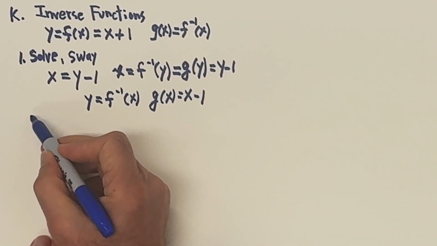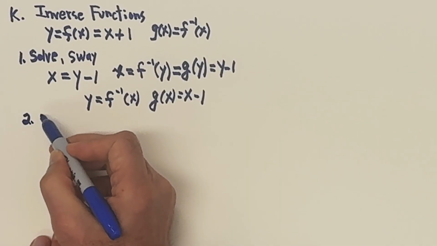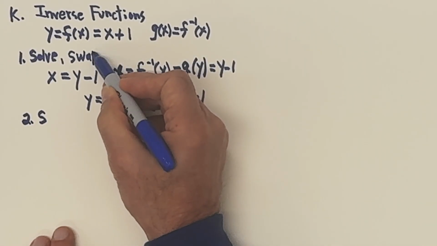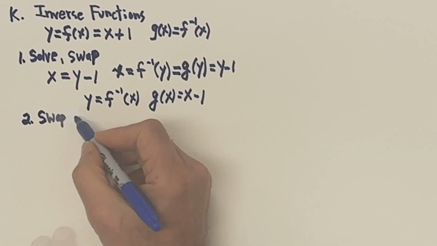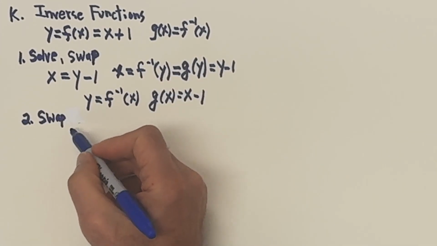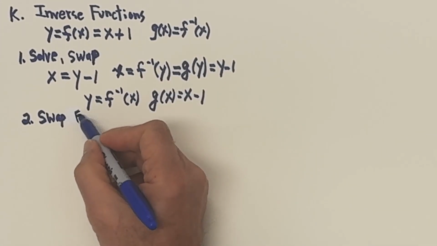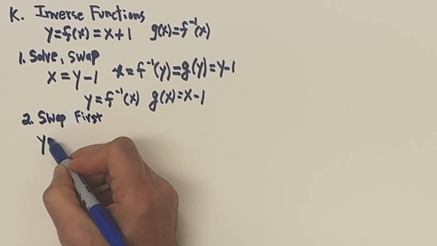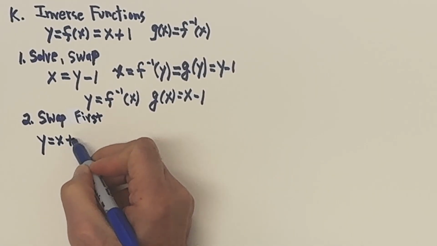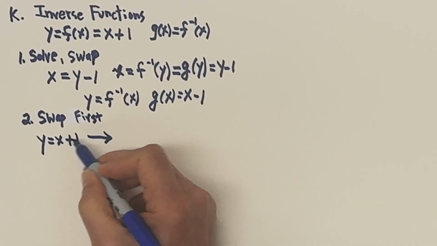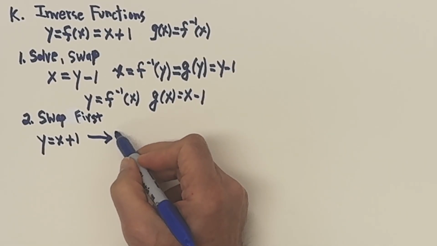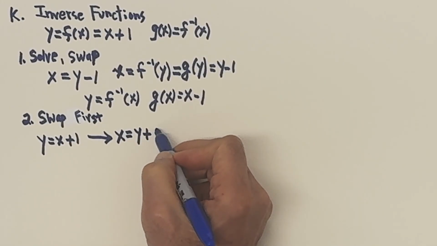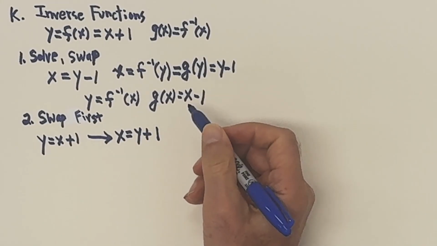Now, another way to get it quickly, depending on your preference, is you swap first. So in other words, we have y equals x plus 1, and by swapping first, we would have then x is equal to y plus 1.